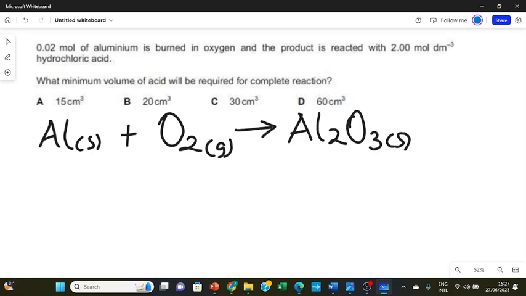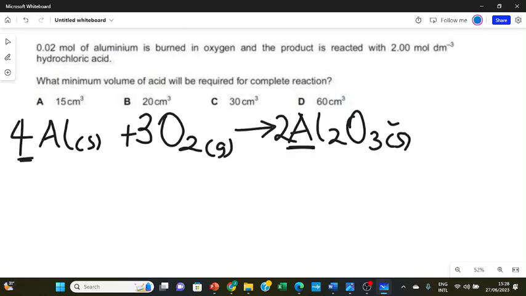Aluminum is 1 here, 2 here; oxygen is 2 here, 3 here. If we put 2 here, aluminum will be 4, and we put 4 here. Aluminum is 4 here and 4 here. Then oxygen is 2 here and 6 here, 2 times 3 is 6, so we put 3 here. Oxygen is 6 here, 6 here, aluminum is 4 here, 4 here. So the equation is balanced.